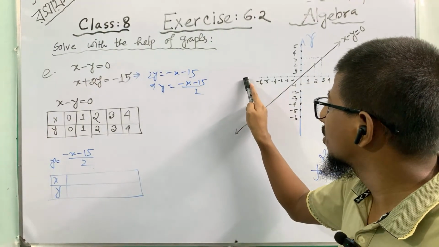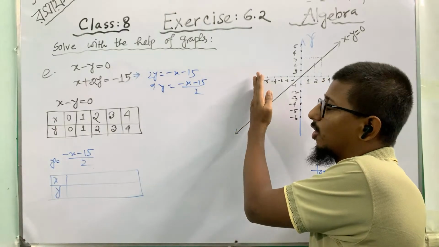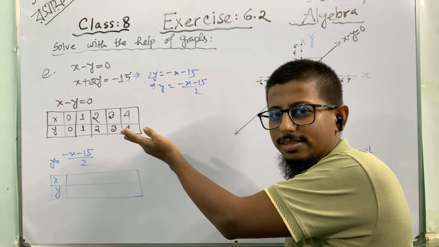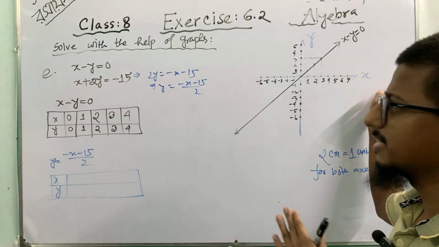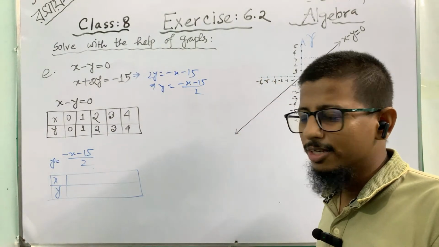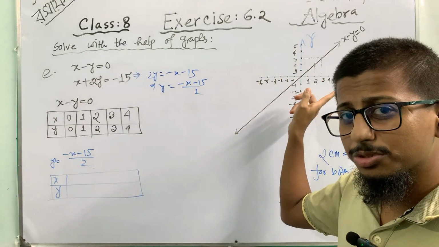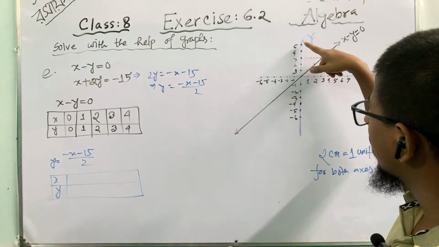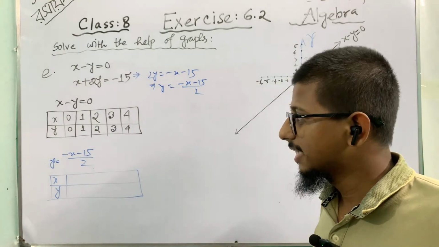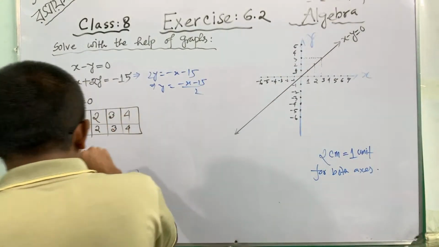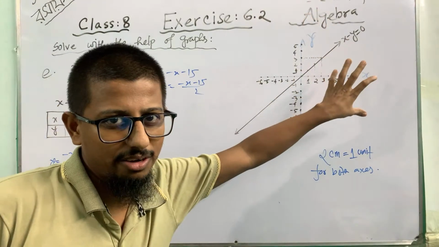Because I did not draw any point on the left of minus 6 and I did not draw any point on the right of plus 7. This is my limitation. So I want my points to be between minus 6 and 7, and I want my y values to be between 5 and minus 6, right? That is why I want to design the values in such a way that it fits my graph.